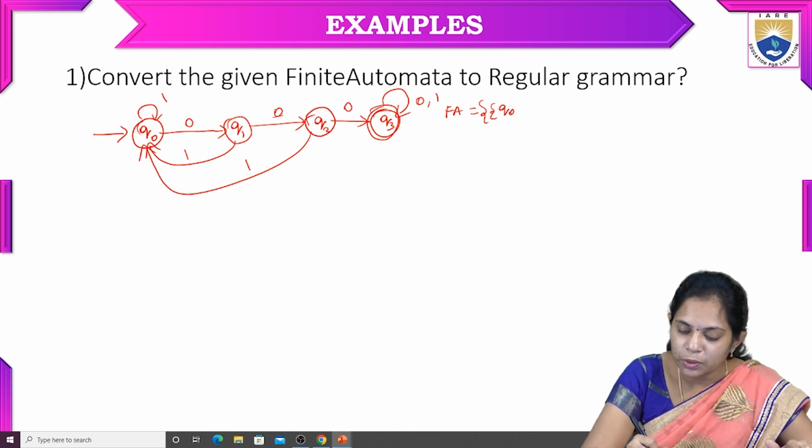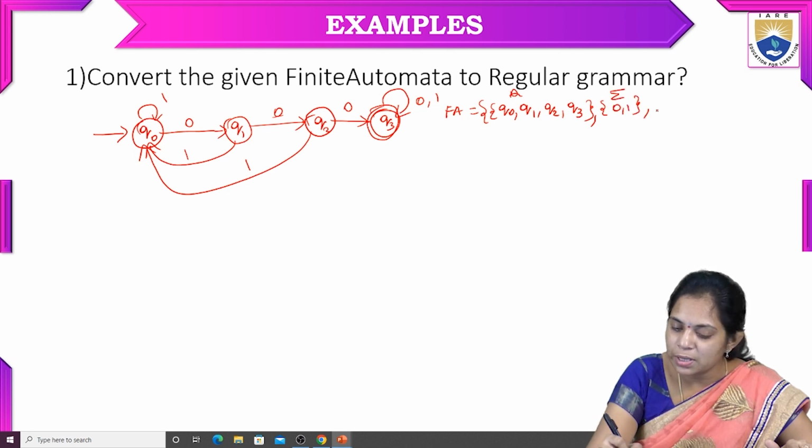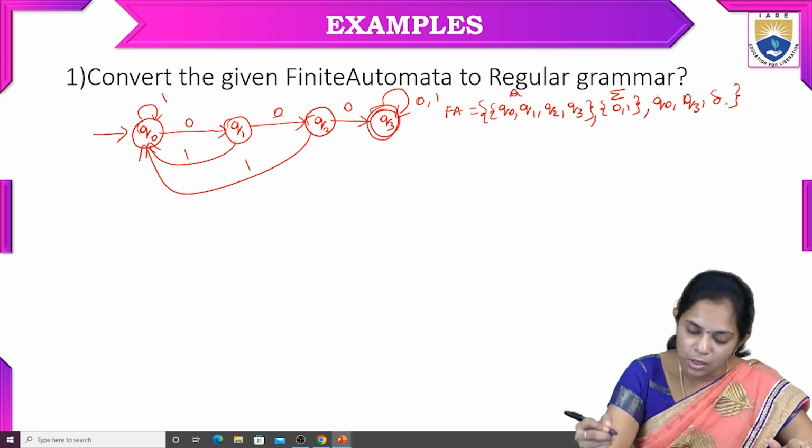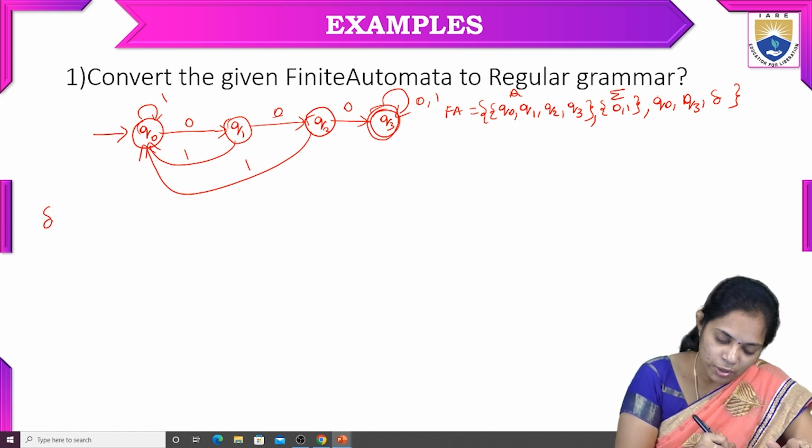Q is equal to {q0, q1, q2, q3}. Sigma is equal to {0, 1}, the input symbols, q0 is the initial state, and the final state is q3. And the transition function. So let us write the transition functions.